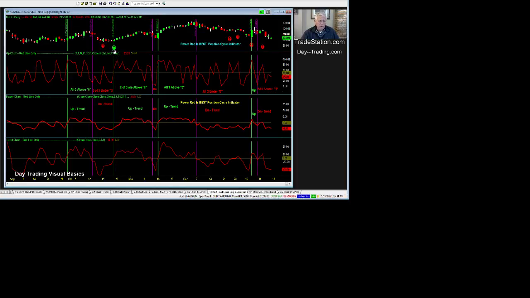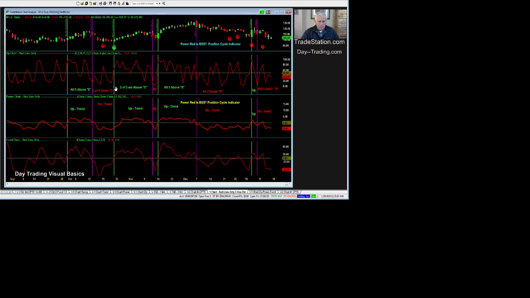They're in those arrow balls as markers. Now I've got the zip chart on top, the power chart in the middle, and the trend chart at the bottom, but I eliminated everything except the 3 red lines. So I've got zip red, power red, and trend red on the charts.